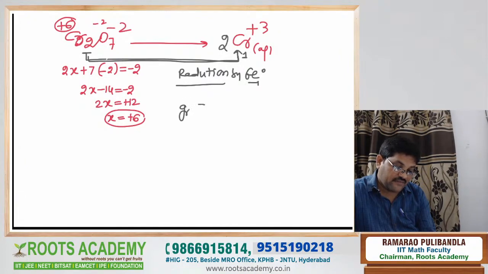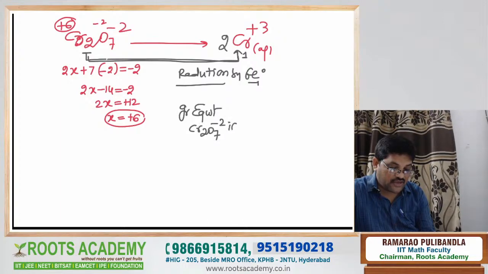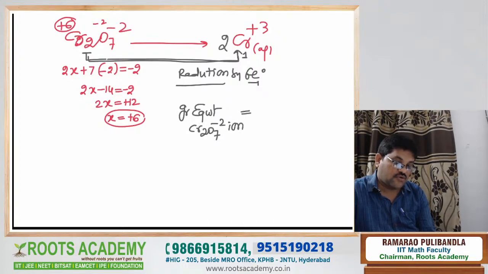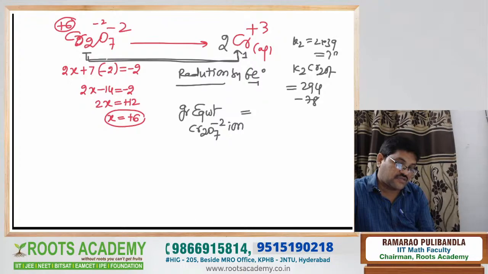Therefore, the gram equivalent weight of the Cr2O7 2- ion: what is the molecular weight of K2Cr2O7? The molecular weight of K2Cr2O7 is 294. From that 294, you subtract 78, because K2 is there, and K2 is 2 into 39, which equals 78.